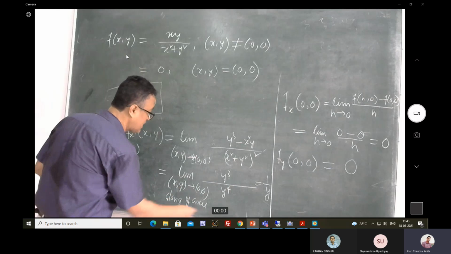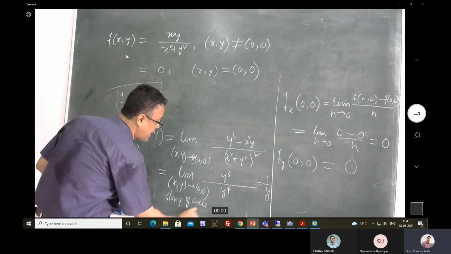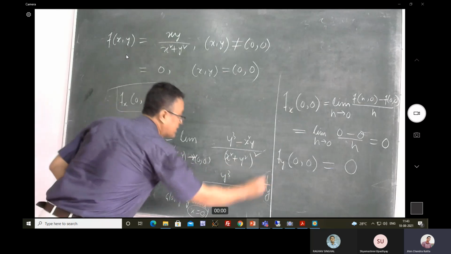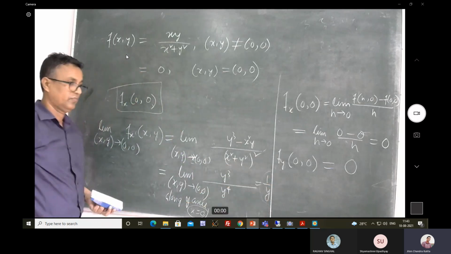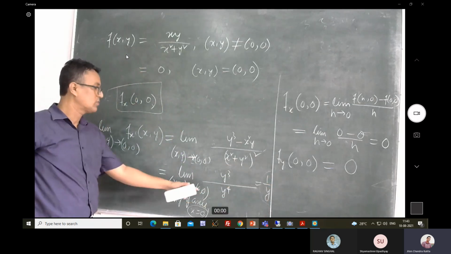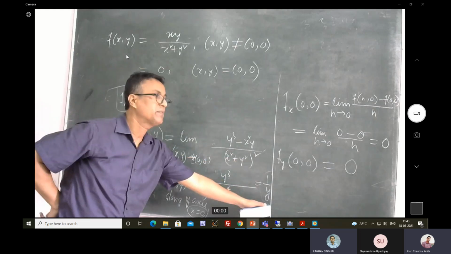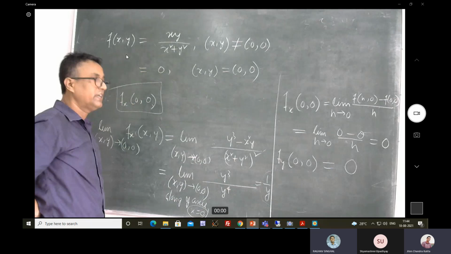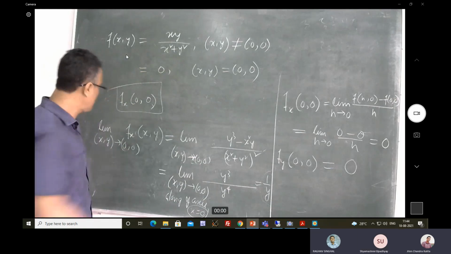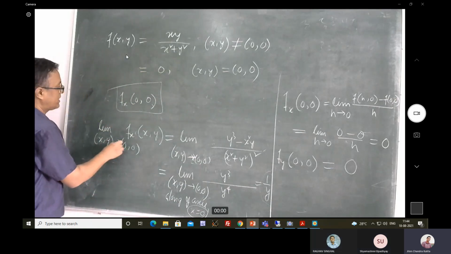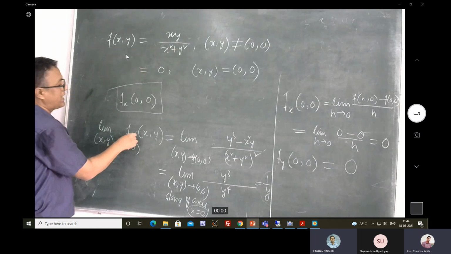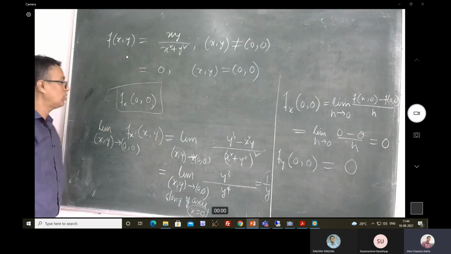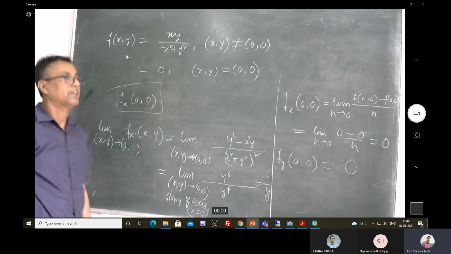Here, along the y-axis, x is exactly equal to 0. So again, this doesn't exist, isn't it? As y tends to 0, this limit doesn't exist. Is it okay? Similarly, if you want to find the limit as (x, y) tends to (0, 0) of fy, then also that is not going to exist.